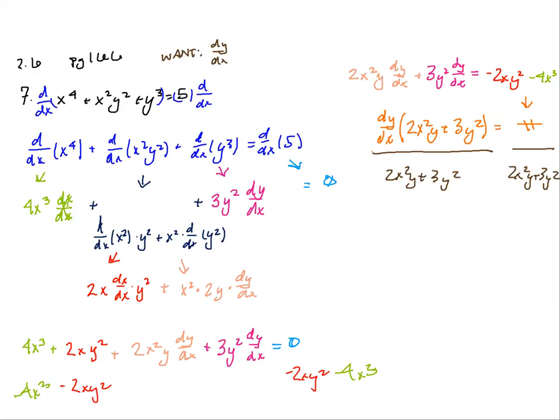And so our final answer is going to be dy dx is equal to the quantity, rather minus 2xy squared minus 4x cubed over 2x squared y plus 3y squared.